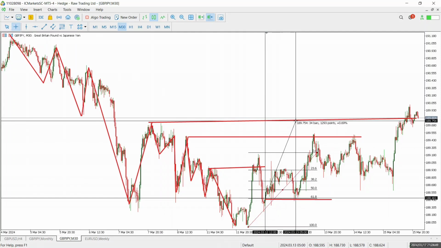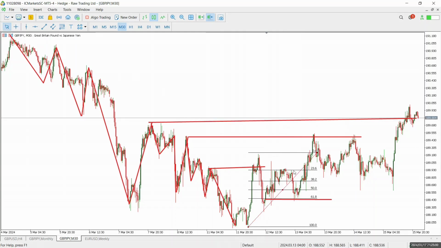This is definitely a very good risk reward opportunity, like a 1:2 plus risk reward. That is within the context of those smaller fractals.